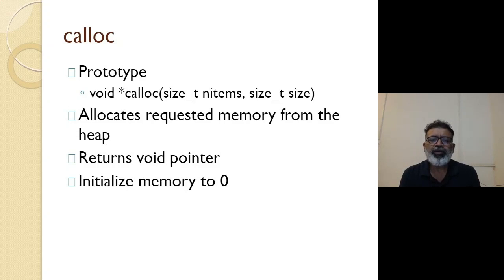When you allocate memory by malloc or calloc, and suppose in your program you feel that it is insufficient and you want to allocate more memory, at that time we call the realloc function, provided you want that memory to be contiguous.